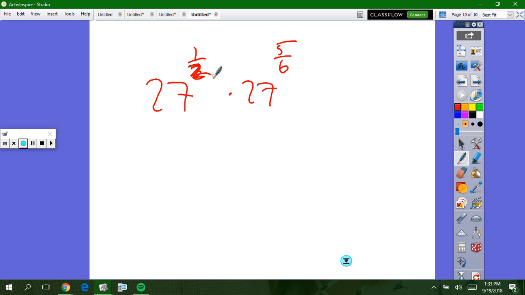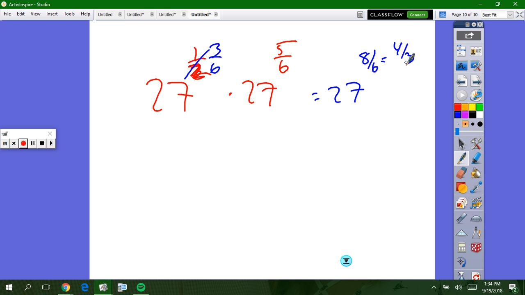That's inspiration. Okay, so really quickly, ladies and gentlemen, what's 1/2 if I can get it in the same common denominator? This is the same thing as 3/6. Does everybody agree with me on that? So I'm going to add those two together, which is 27 to the 8/6, which is 4/3, right?